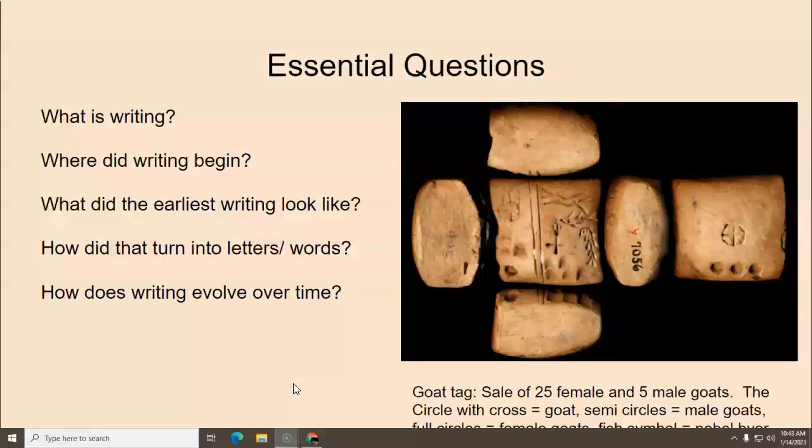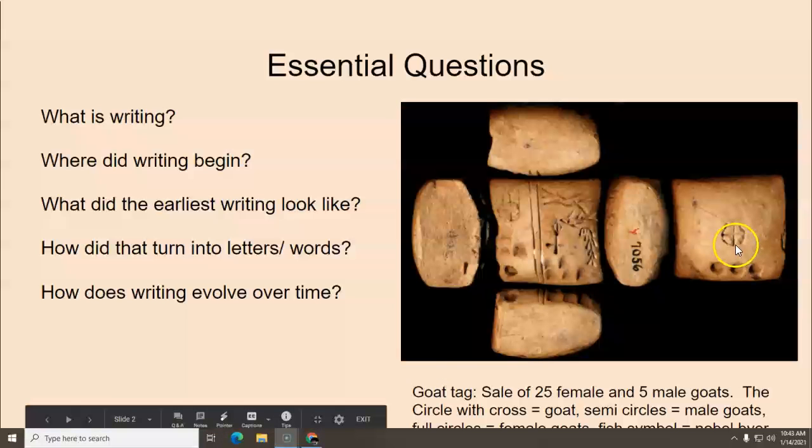So in the image, you are looking at one of the very first examples of what they consider to be writing, where things are symbolic and not always drawn all the way out. And it was a tag. Think of it like a price tag. And it was for the sale of goats. There were 25 female goats sold and 5 male goats. The symbol of the cross and the circle stands for goat.